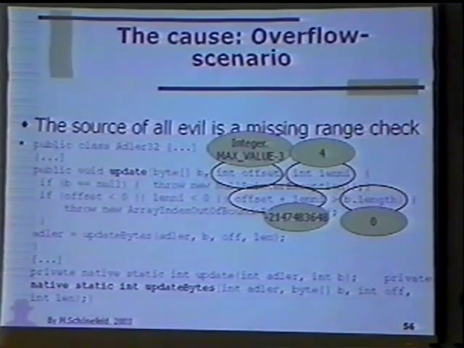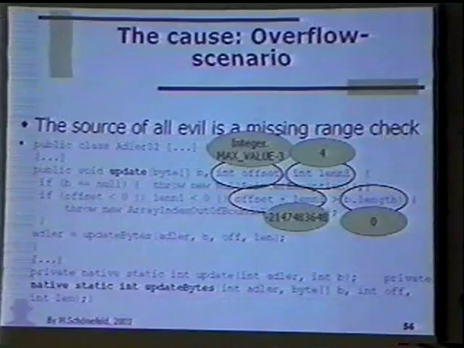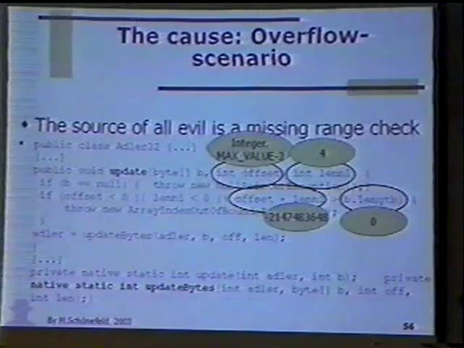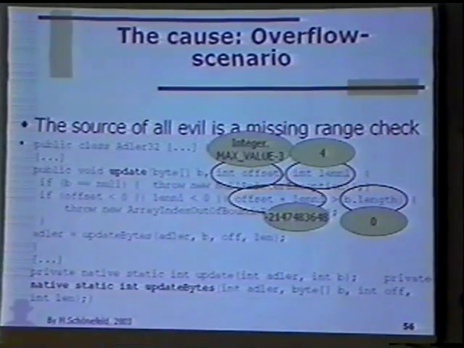You have an additional result, or a sum that is negative, and therefore the array index out of bounds exception is not thrown, and you directly go to the native function, the update bytes function, and the update bytes function is then the end for this Java program, the unwanted end.